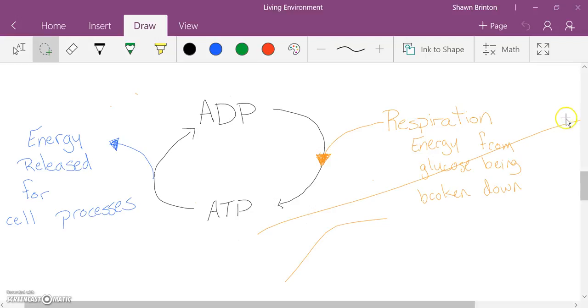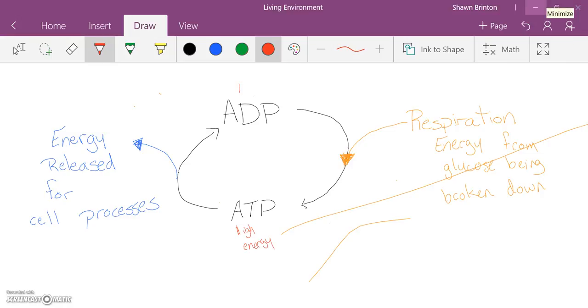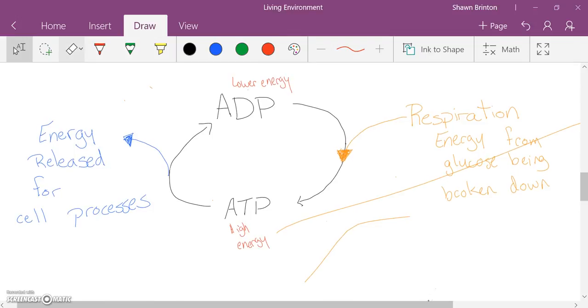So ATP is high energy, and ADP is lower energy. That energy is released off of the ATP when the phosphate is broken off, and it's used for the cell processes.